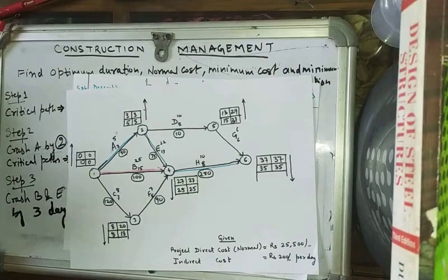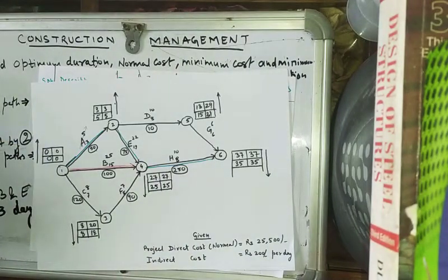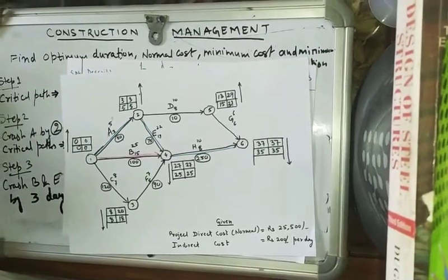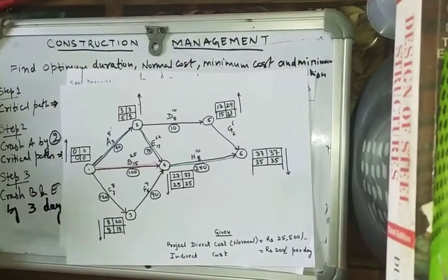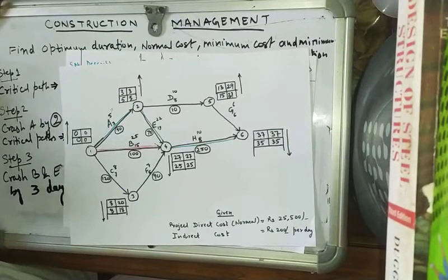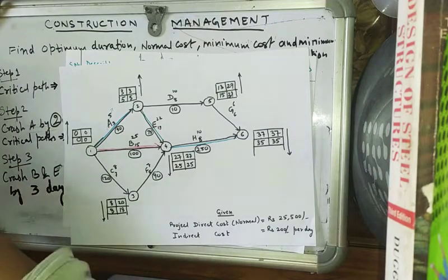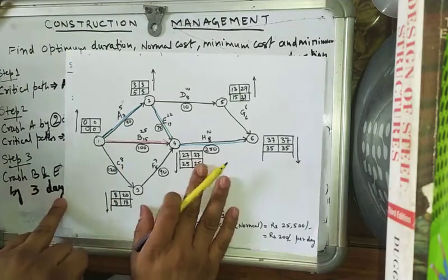So if we crash B and E together by 3 days, then what will be the EOT LOT values?